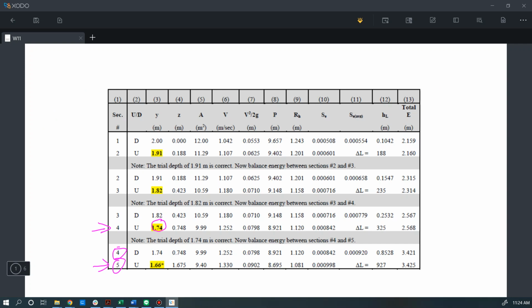Then you will find this 1.66 that makes the total energy at these two sections equal to each other.